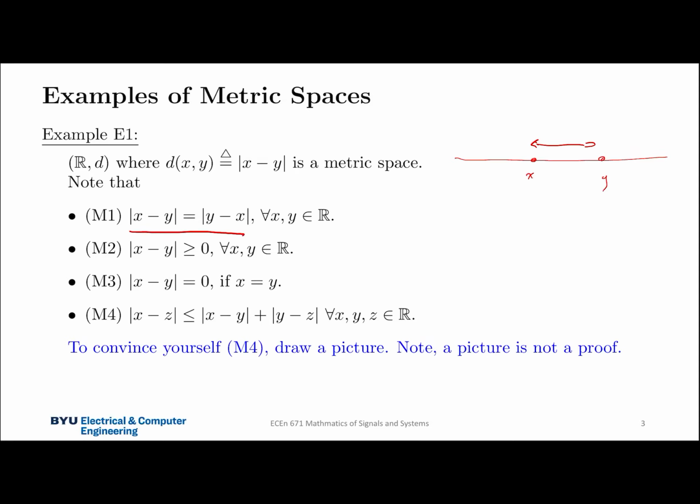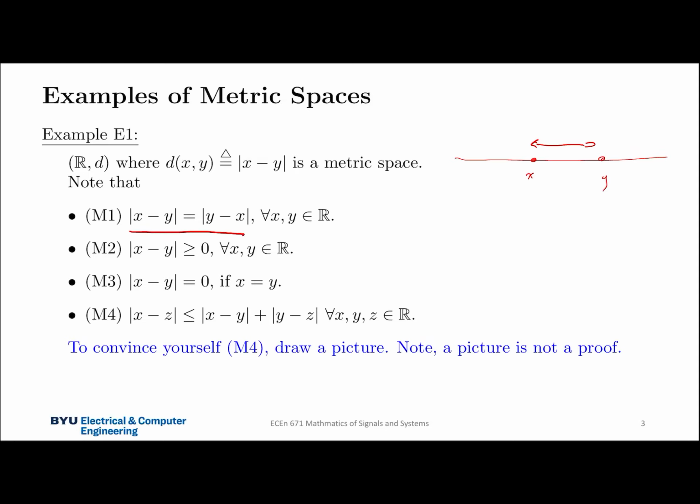And the last property, you can basically convince yourself because, for example, coming up to this picture, if z is up here, then this distance is going to be less than or equal to that distance plus that distance.